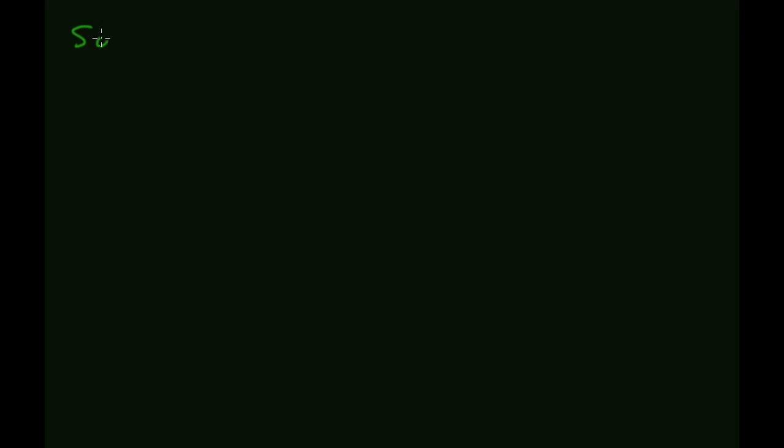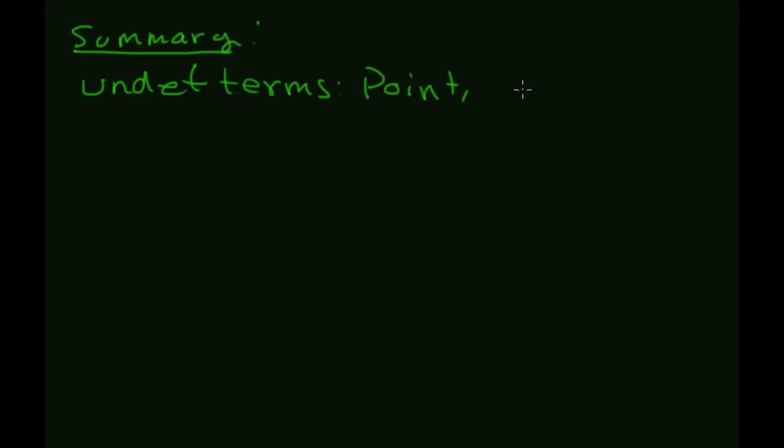Okay, so some summary here. We've covered a lot of ground today. Just want to make sure that we've got this idea here. You have three undefined terms, right? A point, a line, and a plane.